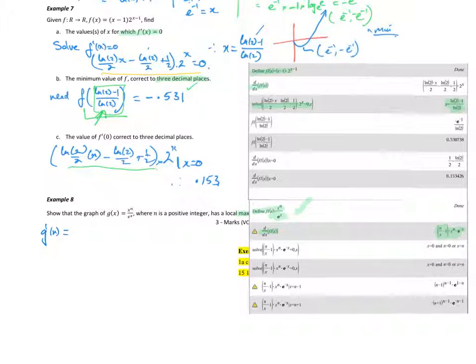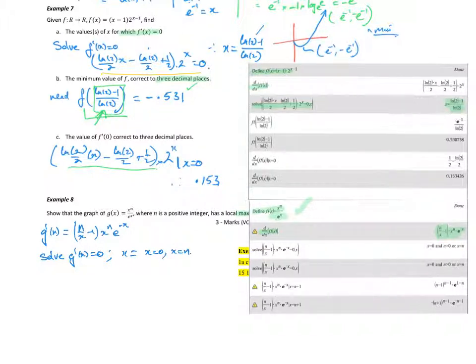It's equal to n on x minus 1 times x to the n e to the minus x. So that's the derivative. So if I solve g dashed of x equal to 0, that gives me, from my CAS, x is equal to 0 or x is equal to n.